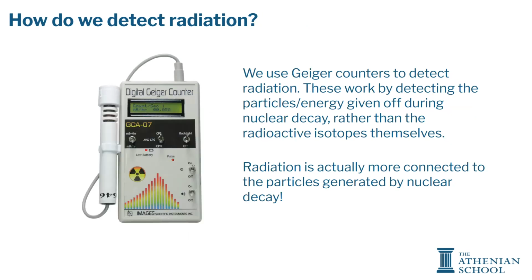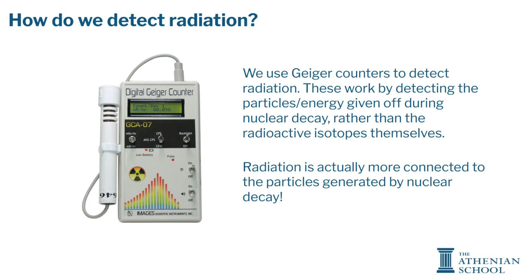Okay, and then if we're talking about how we actually detect radiation, we use something called a Geiger counter. Geiger counters work by detecting either the particles or the energy given off during nuclear decay, rather than the radioactive isotopes themselves.